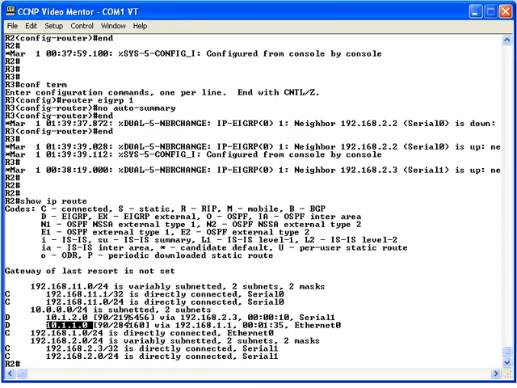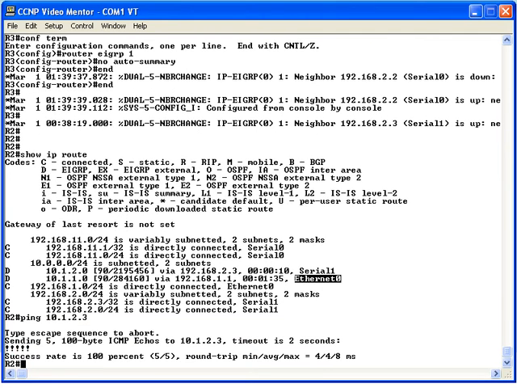One is accessible out of interface serial 1. One is accessible out of Ethernet 0. Do you think our ping will work now? I suspect it will. Look at this. We can now successfully ping the Ethernet interface on router R3 thanks to turning off auto summarization.